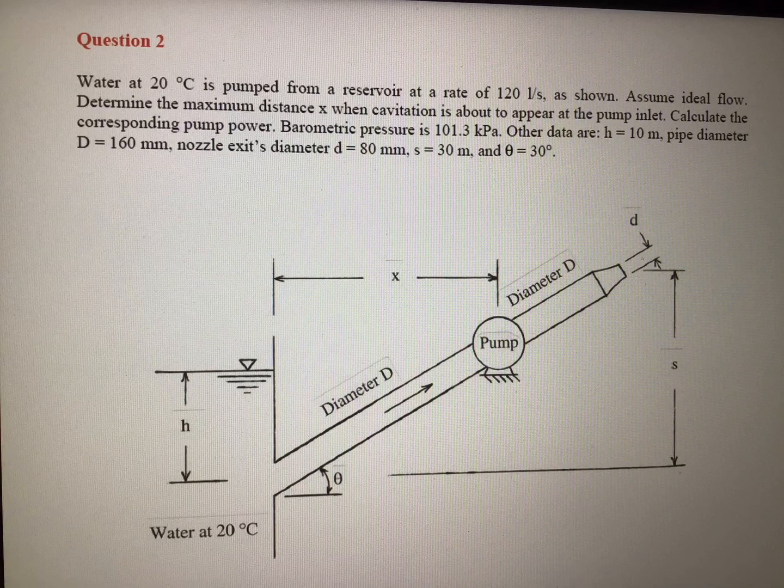So have a look at the picture here, the total drawing of this system. We know this height is given as 30 meter, and you can see this pipe creates an angle with the horizontal axis. It is 30 degrees.